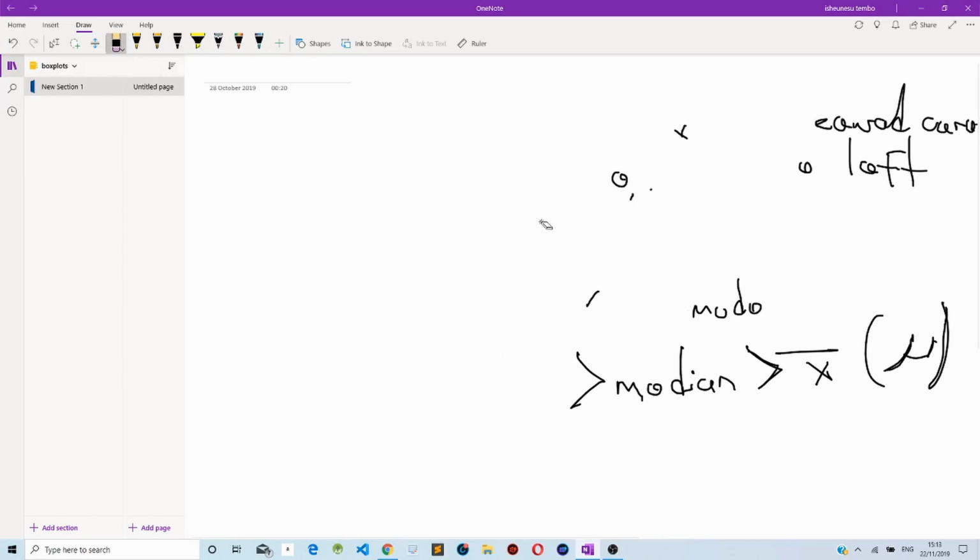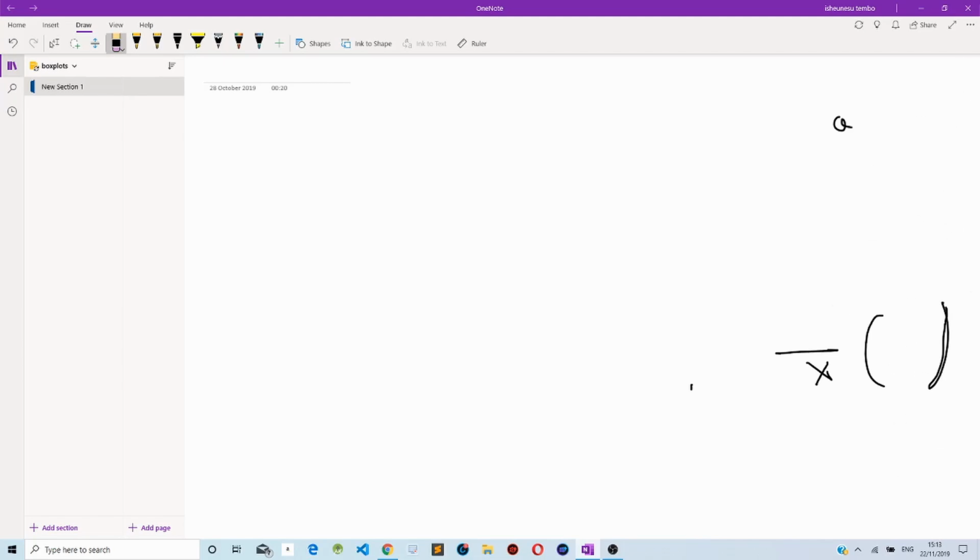So let us take a look at negatively skewed box plots.